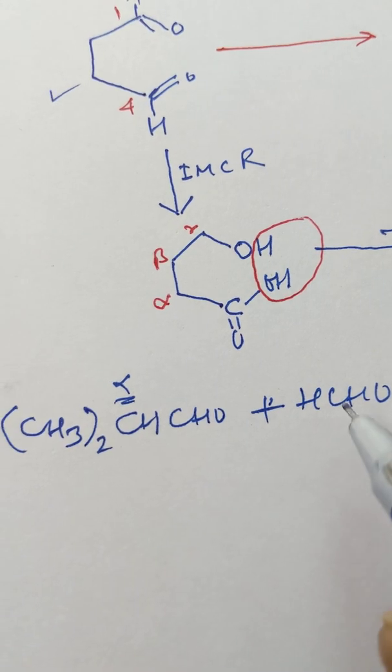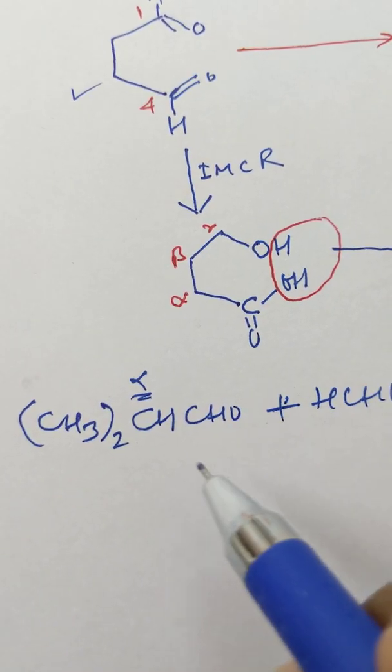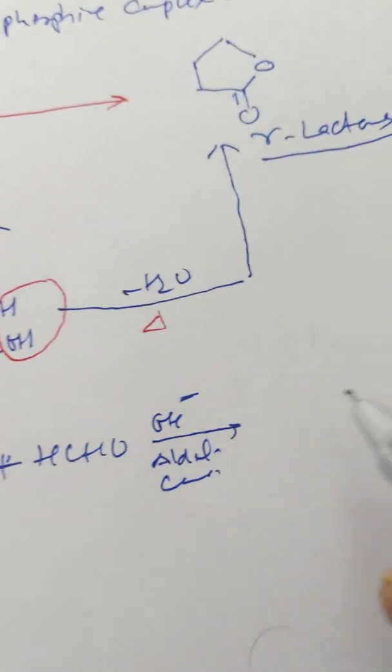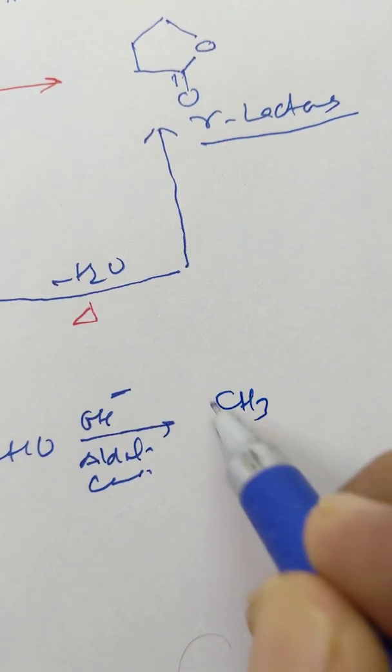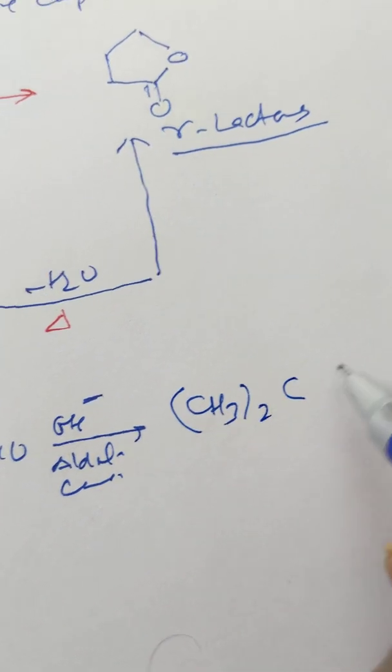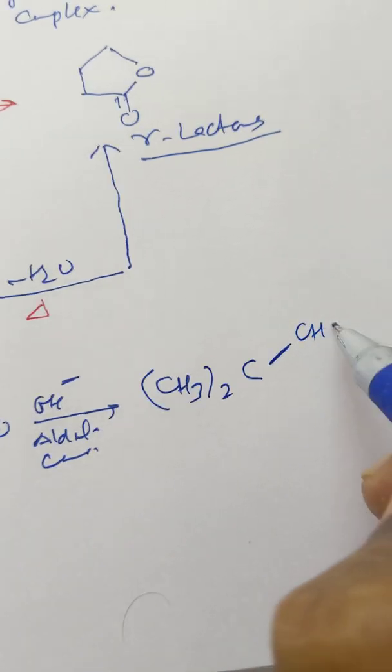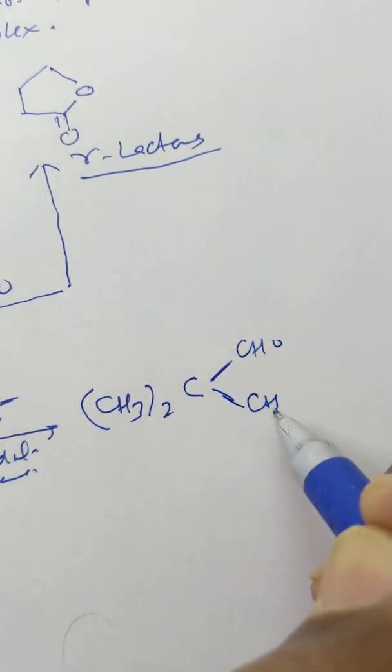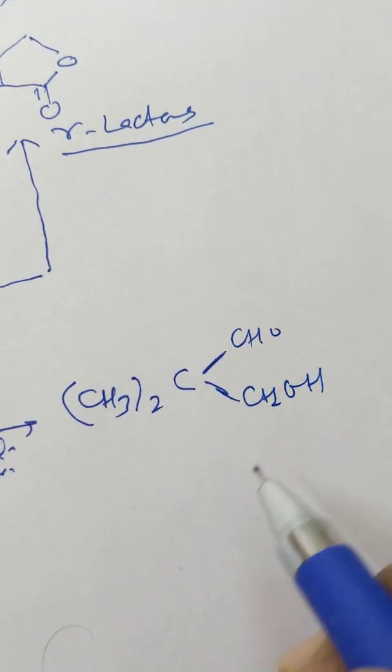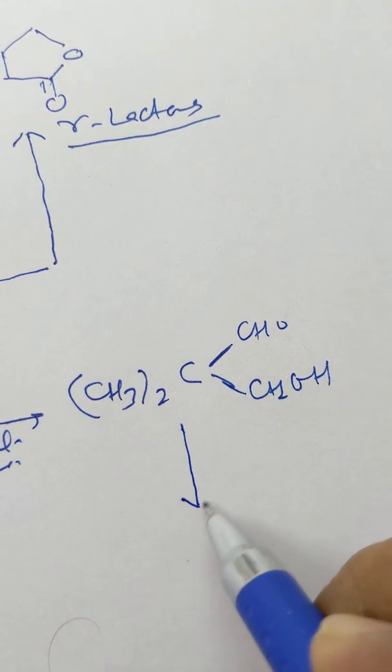For this step, you can see videos related to aldol condensation. The answer to this will be CH3 twice C, this CHO remains as such, and here you will get CH2OH.